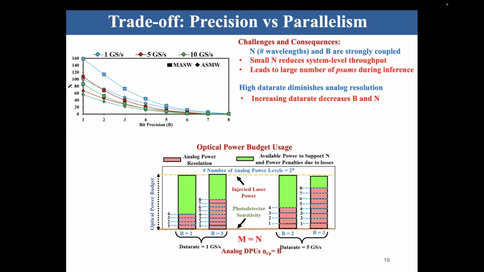In some cases, you will have to convert the partial sums to the electrical domain and then deal with them using maybe an electrical reduction network or reduction tree or something like that. So that also adds some more latency and energy consumption at the end. So it's desirable to push this value n, which is again the number of wavelengths and number of waveguides in the tensor core, as high as possible.